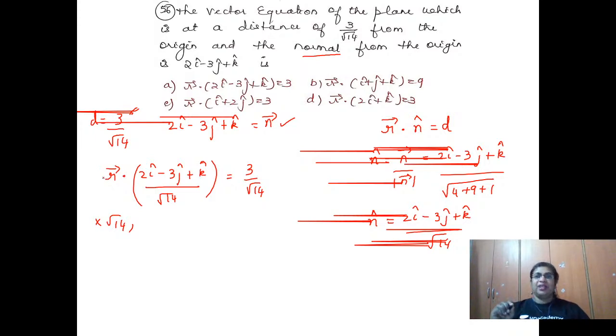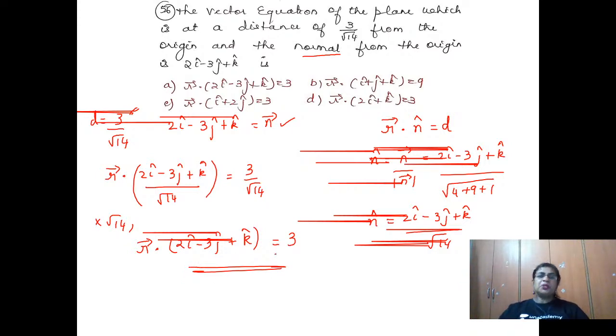It is an arbitrary vector, so whatever you add or multiply or divide doesn't make any difference. R vector will remain R vector only. When you multiply, root 14 gets cancelled. So it is 2i cap minus 3j cap plus k cap. Root 14 gets cancelled and 3 by root 14 also, root 14 gets cancelled.